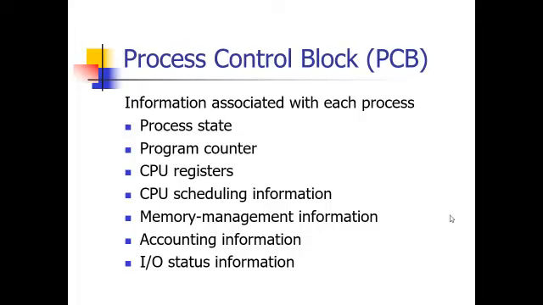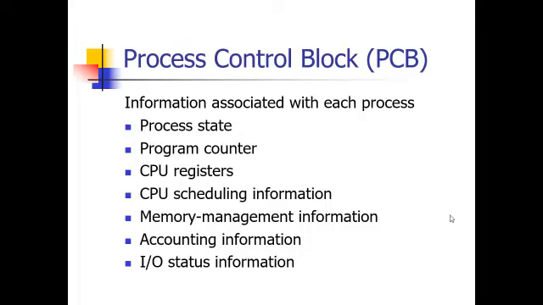And then the input output status. So how many files are allocated to this, and what is the original storage location for this particular application. Like that, the input output status will also be saved in the process control block.